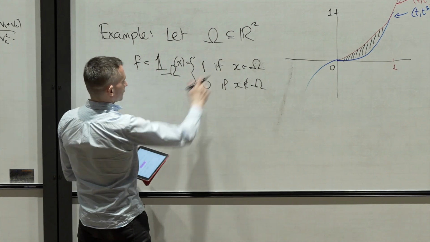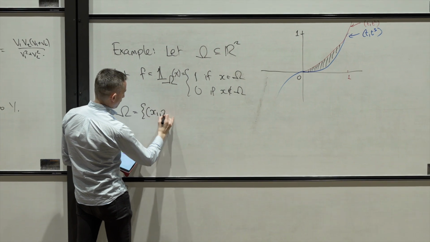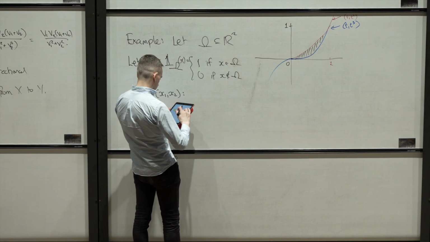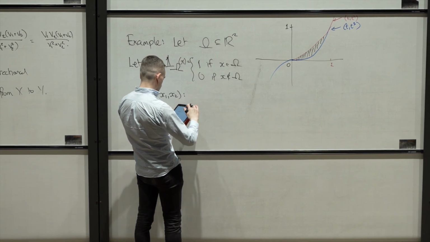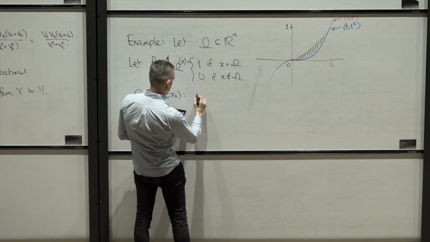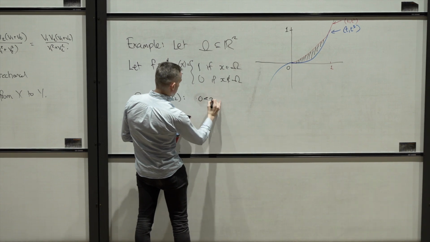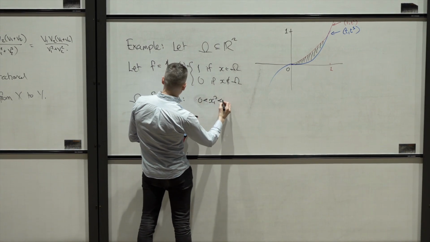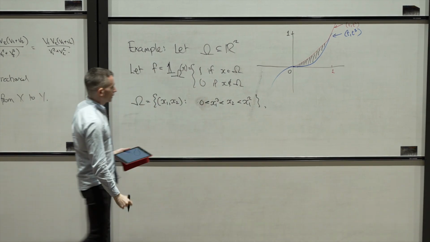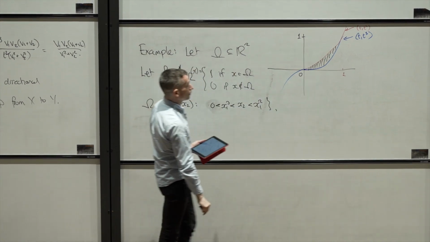Sorry, I should say it's the open region. So omega is the points x1, x2, where 0 is less than x1 cubed, is less than x2, is less than x1 squared. Okay, so I have strict inequalities here, so the origin is not in omega.